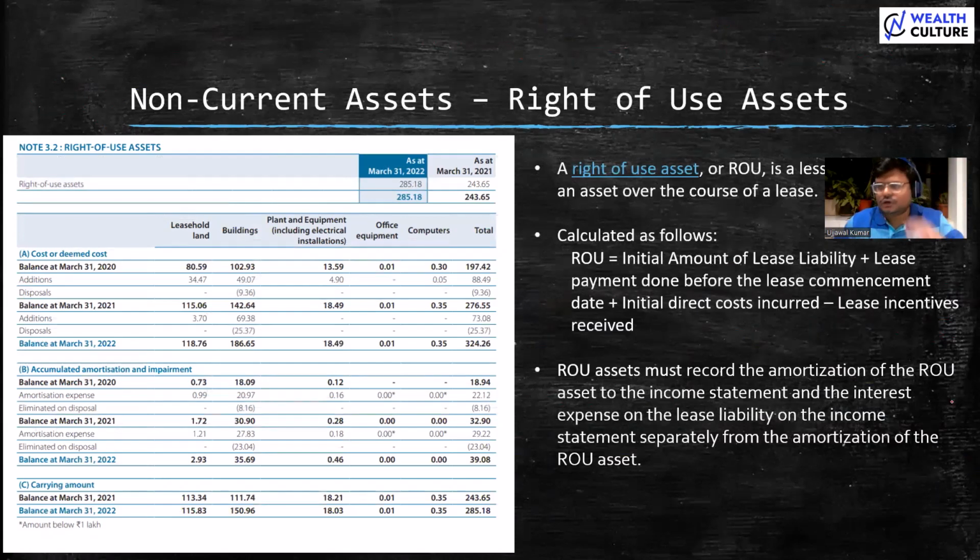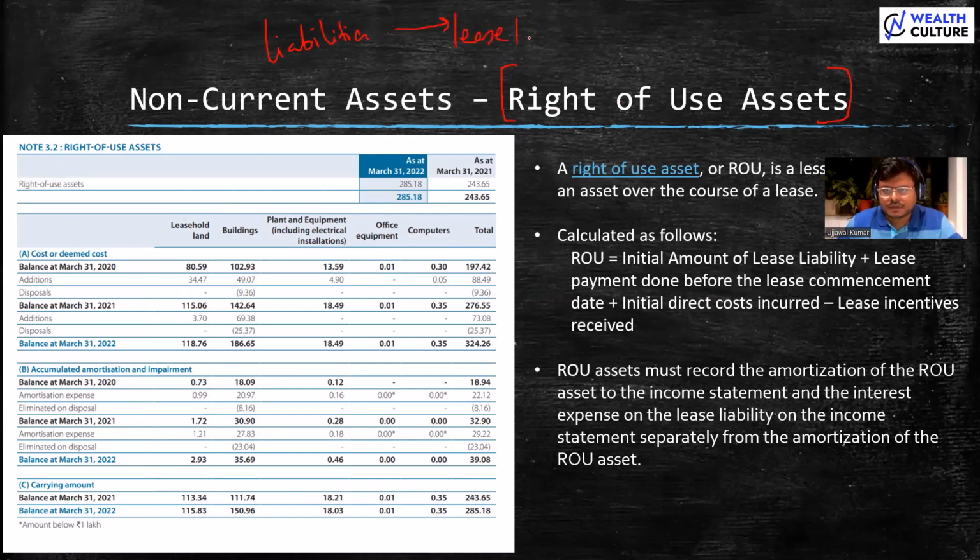Now we talk about another line item, which is called right of use assets. I'll give you some examples of what it means. When we were discussing the liability section, we had something called a lease liability.